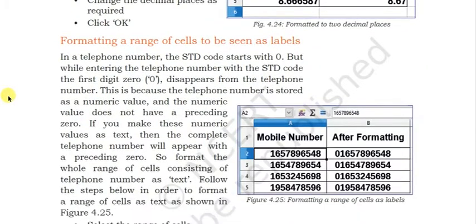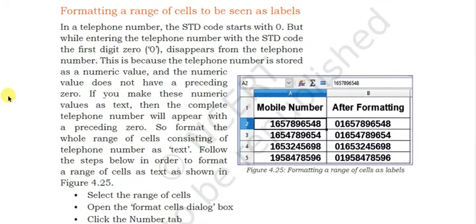Now formatting a range of cells to be seen as labels. You see here, these are the numbers, but you want to have 0 in the beginning of all these numbers. As you know, the numbers cannot have preceding 0, so you have to convert into text to add 0 in the beginning.